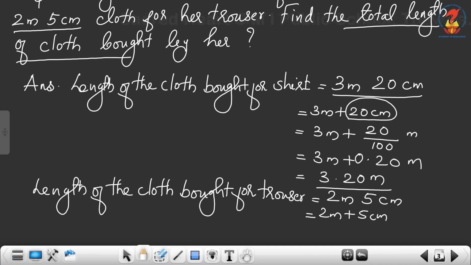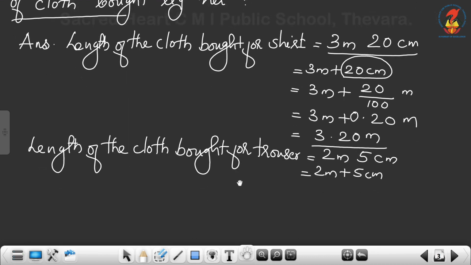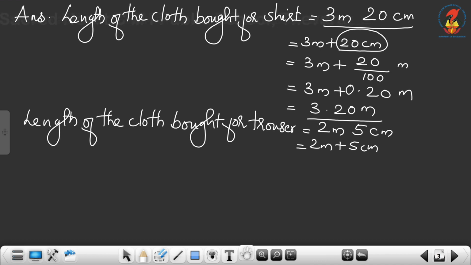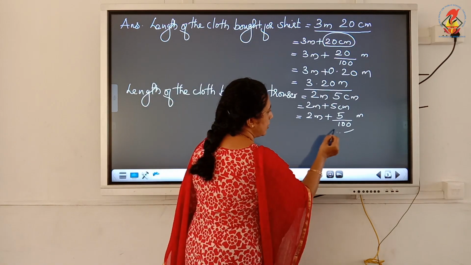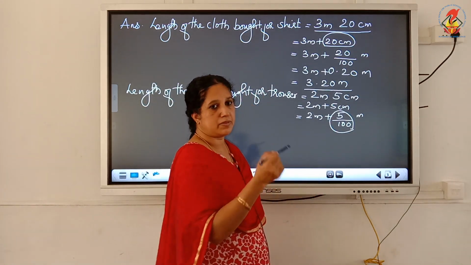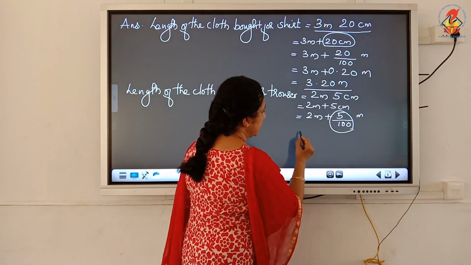Now this 5 centimeter you have to convert into meters. So it is equal to 2 meter plus 5 by 100 meters. Then 5 by 100 you have to write in terms of decimal. How can we write it in terms of decimal?